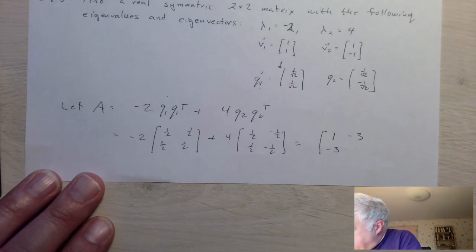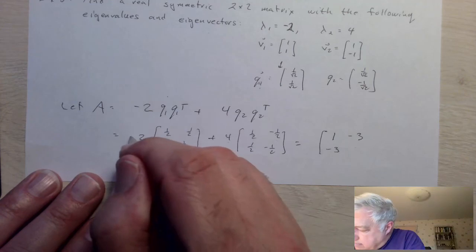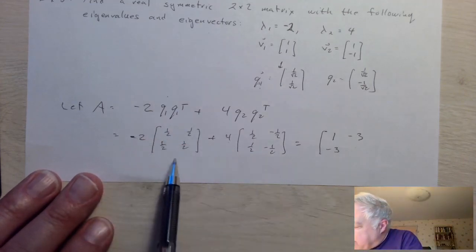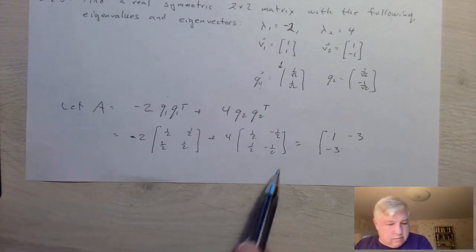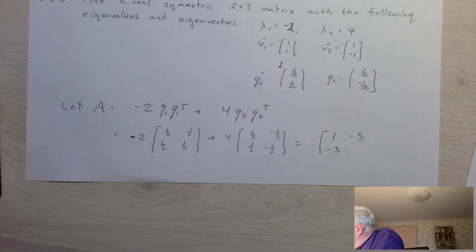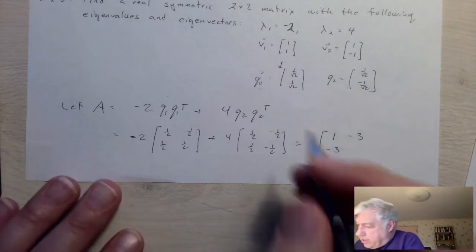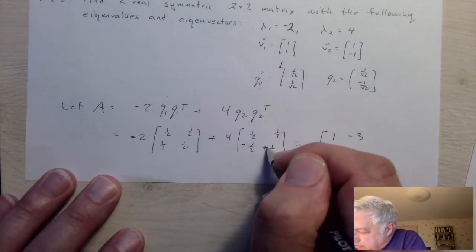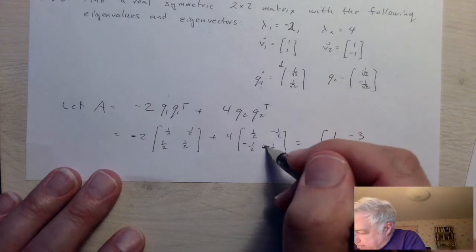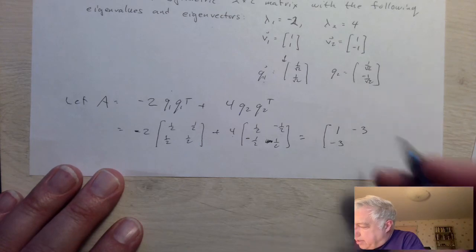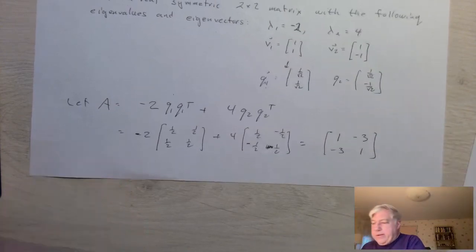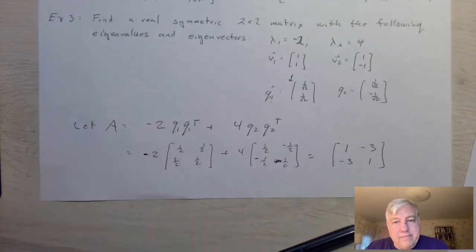If I did that right, or did I screw this up again? Let's see. Oh, yes, I did screw that up again. Yeah. So this would be negative 3, 1. Okay. So that would be that case.